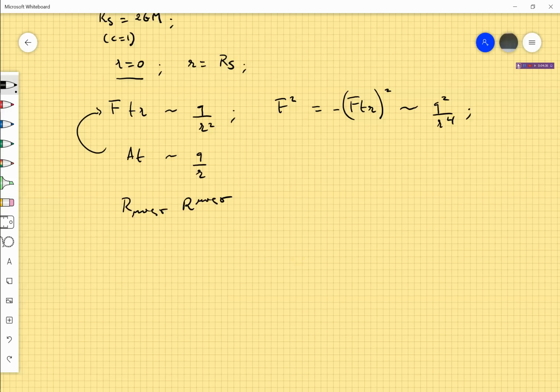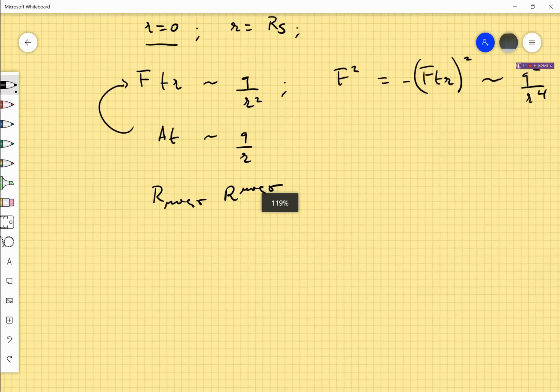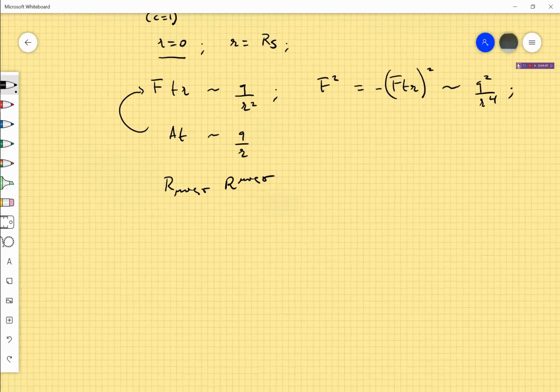Of course, you could have started with just R, the Ricci scalar. But in this particular case, R is 0 for the Schwarzschild solution, because the Schwarzschild solution satisfies that R_{mu nu} is equal to 0, and then the trace, which is the Ricci scalar, is 0.